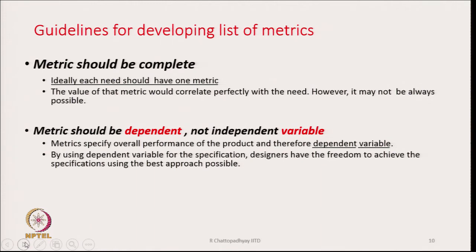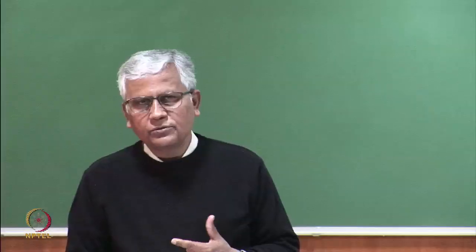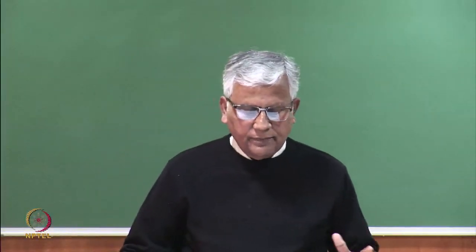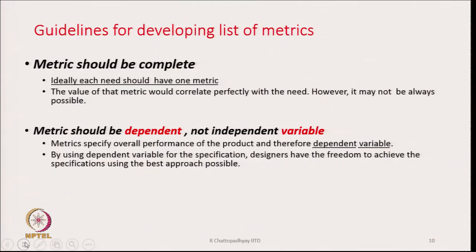As told, for the need of comfort, there cannot be one metric. We have to go for multiple metrics. But there are certain needs for which there may be one metric also. So, it all depends.